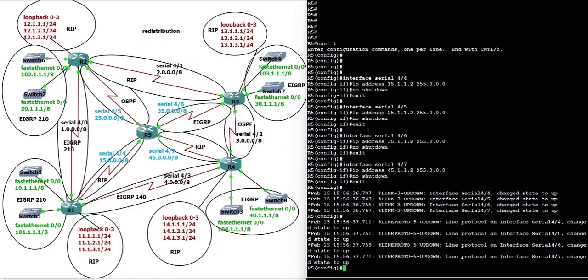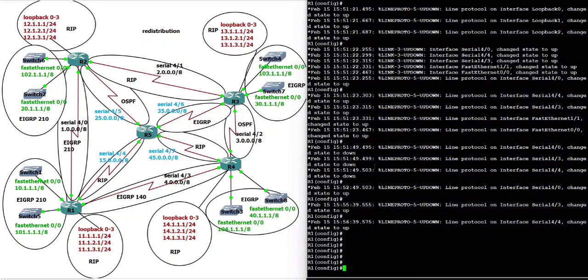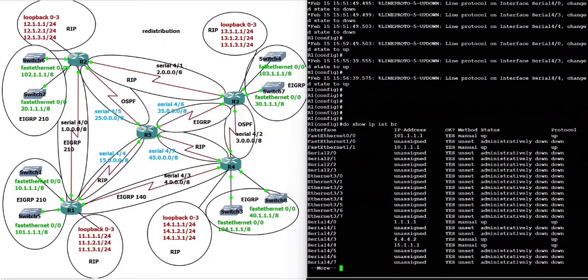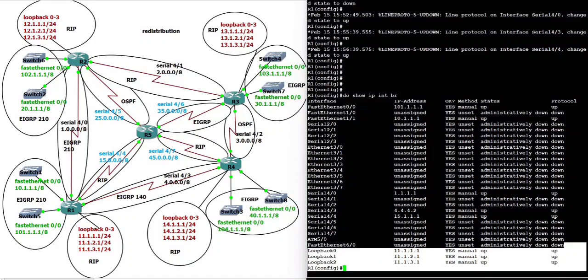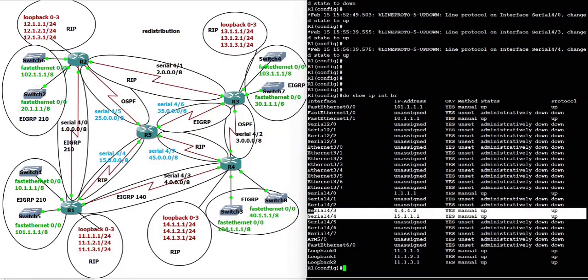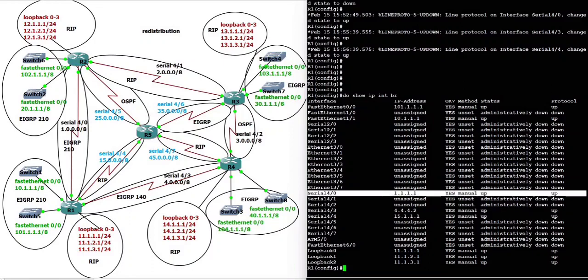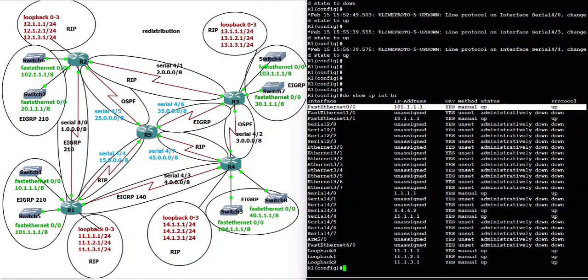Let's verify that everything is working correctly. Show IP interface brief. Here we have the loopback address. Serial 4/4, 4/3 is up, 4/0 is up, fastnet 1/1 and 1/0 is up.